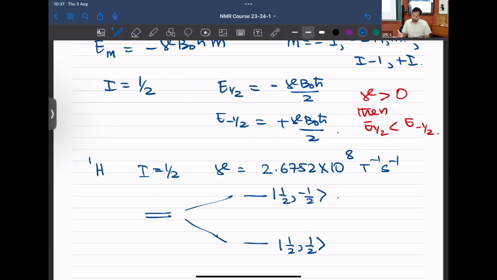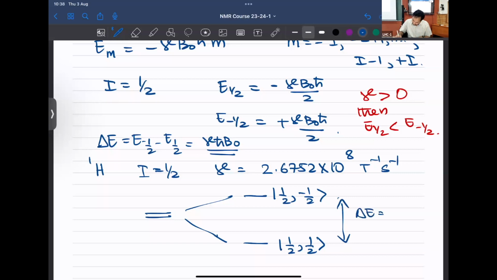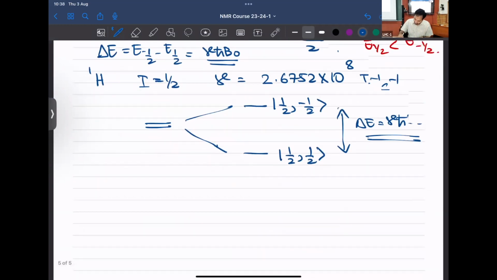And then, of course, if you take the delta E between the states, which is going to be E minus half minus E half, that's going to be gamma H cross B naught. This energy difference is going to be gamma H cross B naught. Right? So there are a few very important messages that you get out of this. What are the messages?